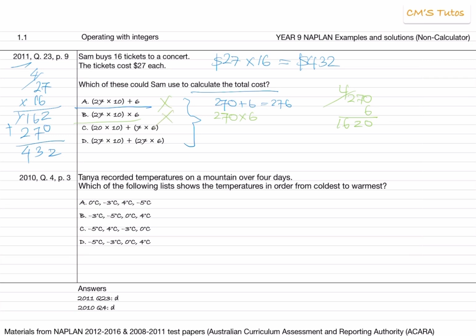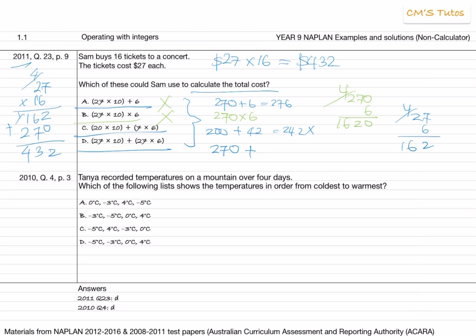So what about C? I go at C again. 20 and 10 gives you 200 plus 42. It's just 242. So no. What about the last option, otherwise it would be wrong. 270 plus 27 into 6. 42. 162.